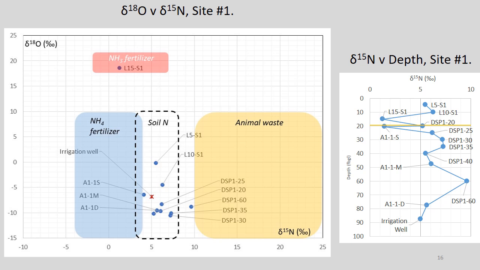We looked at whether there was animal waste coming from the dairy, and you can see that there was only one value, DSP 160, so that's at 60 feet. And what we think is that that sample was being denitrified, whereas most of the values were on the order of 5 to 7.